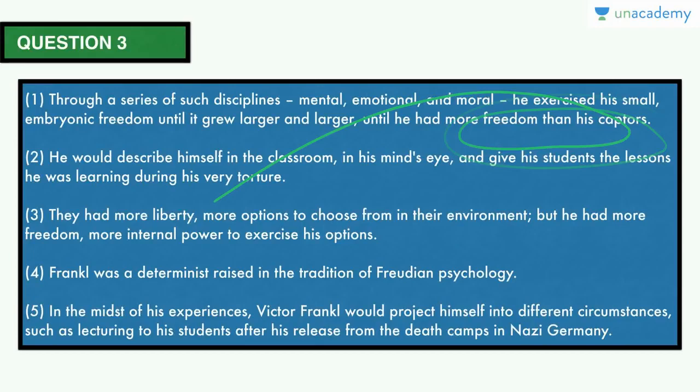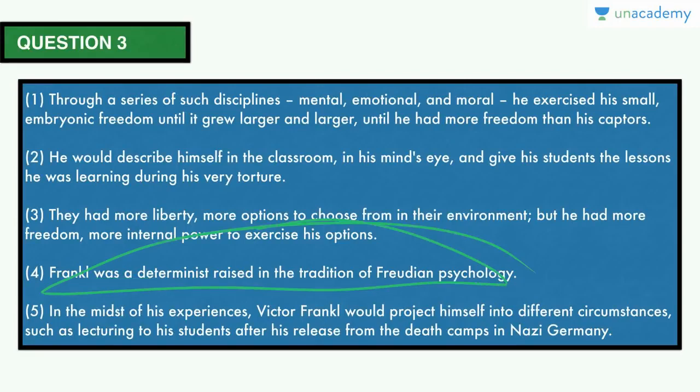A beautiful contrast comes in sentence 3: they had more liberty, more options to choose from, but Frankl had more freedom and more internal power to exercise his options. His captors had more liberty, but Frankl had more of this. So Frankl was a determinist raised in the tradition of Freudian psychology. Clearly, this is the excluded sentence.